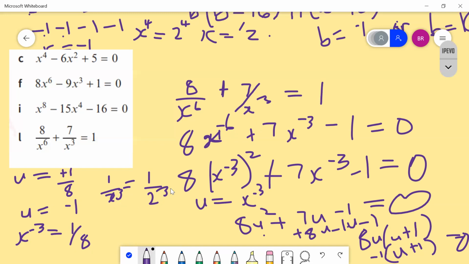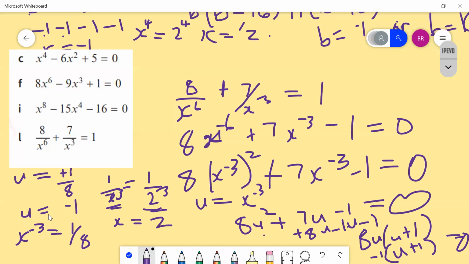This means x to the power of 3 is the same as this, so they have the same index. It means our x is 2. So x is equal to 2.